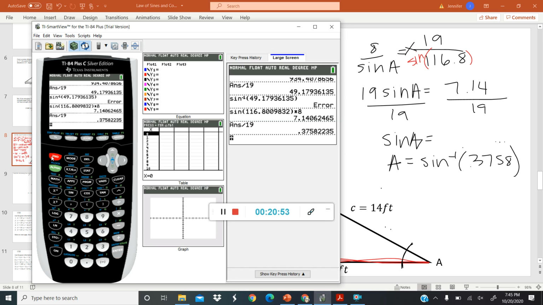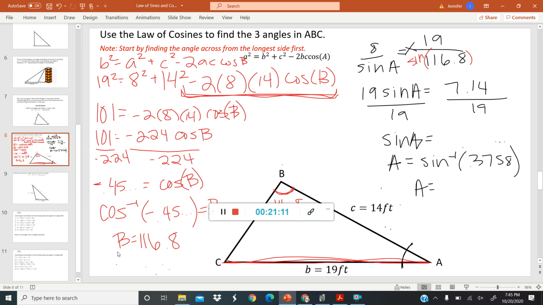So now I'm going to hit second sine, and I'm going to scroll back up and get the number. So inverse sine of 0.3758 is going to give us 22.075. So A is going to be 22.075, and you can put that in here for angle A as well.